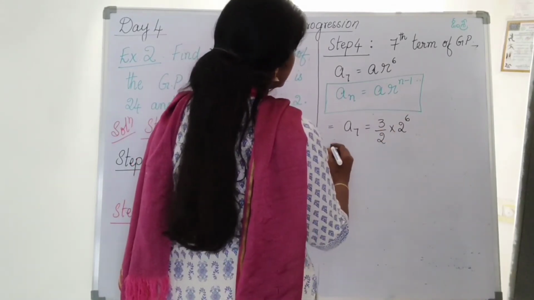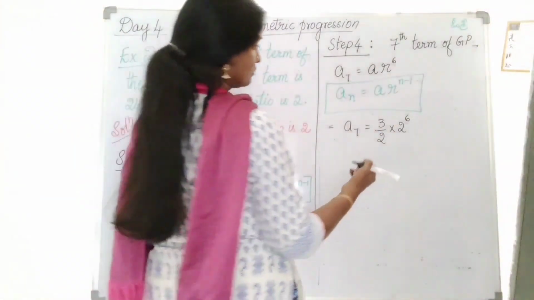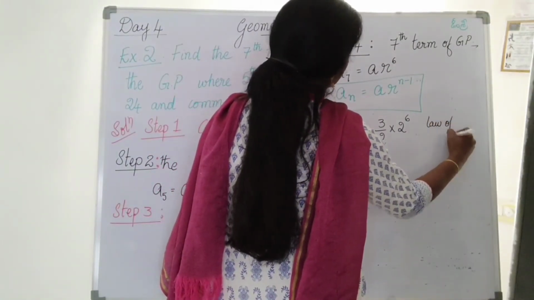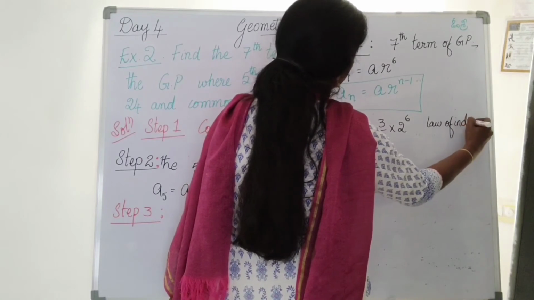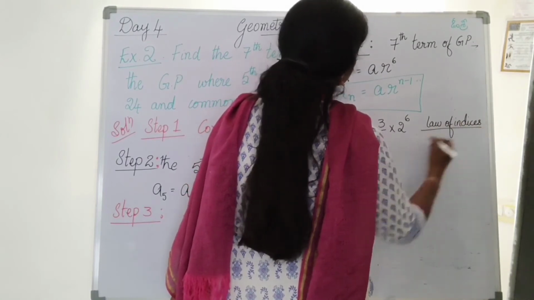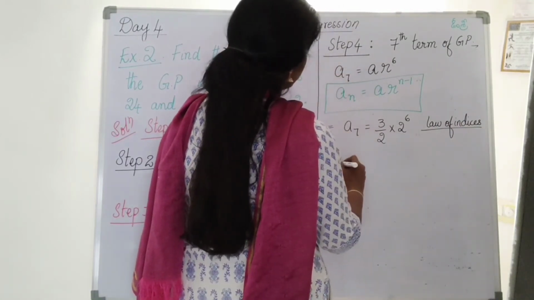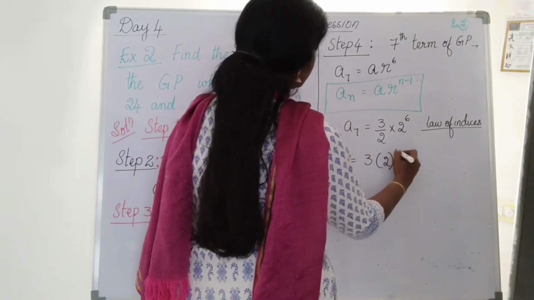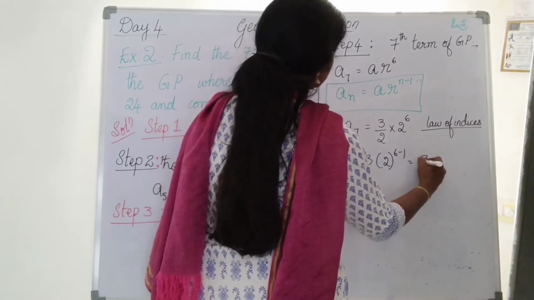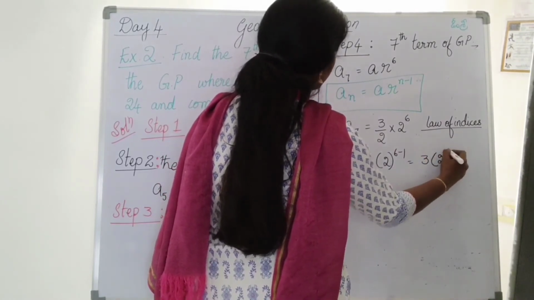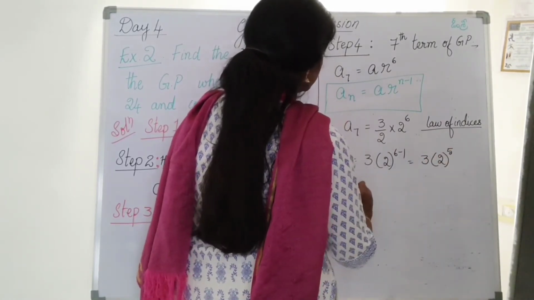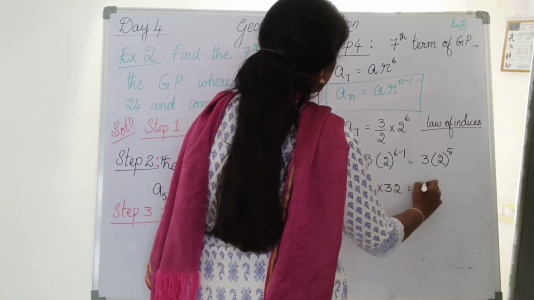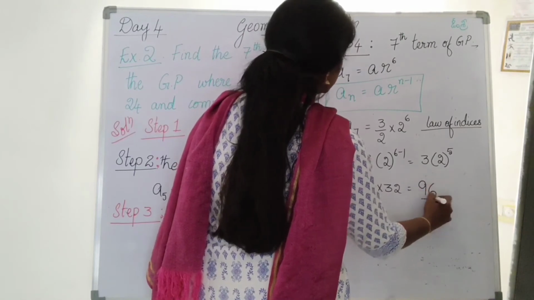So here we use the law of indices. Using the law of indices, A7 will be equal to 3 into 2 to the power of 6 minus 1, which is equal to 3 into 2 to the power of 5. So that is nothing but 3 into 32, which will be equal to 96.